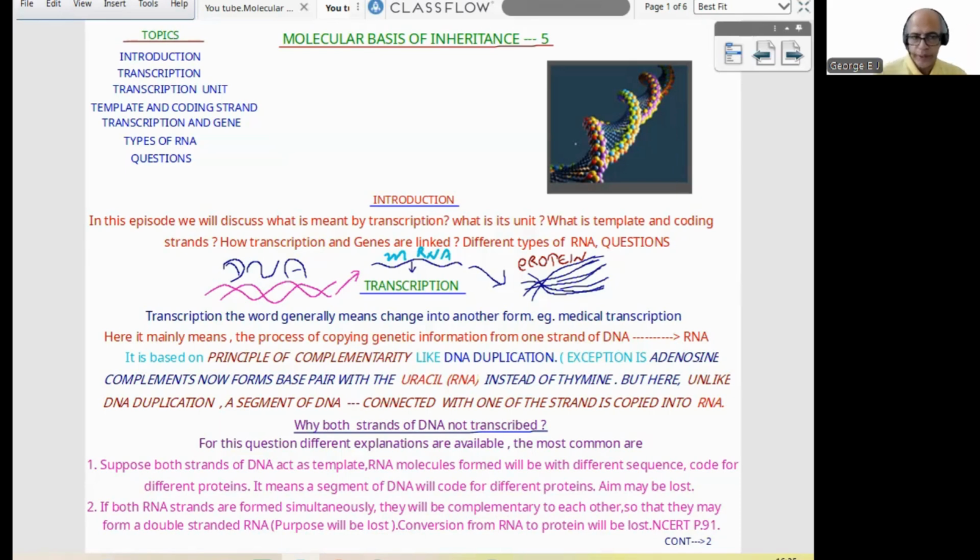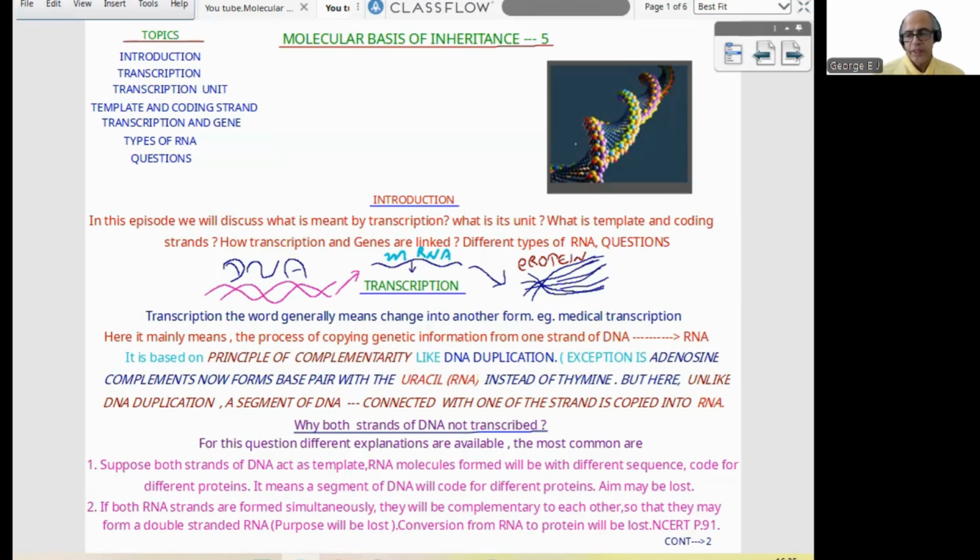Suppose both strands of DNA act as a template, a mold. The RNA molecules formed will have different sequences, because the 2 DNA strands are not the same, they're complementary. So the 2 RNA strands formed will have different sequences, automatically coding for different proteins. It means a segment of DNA will code for different proteins, so the aim will be lost.